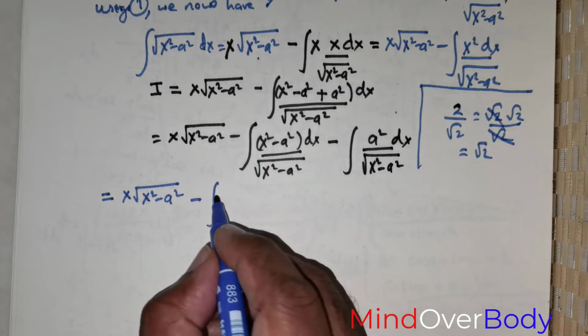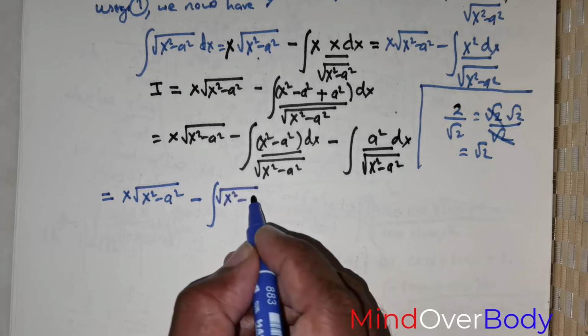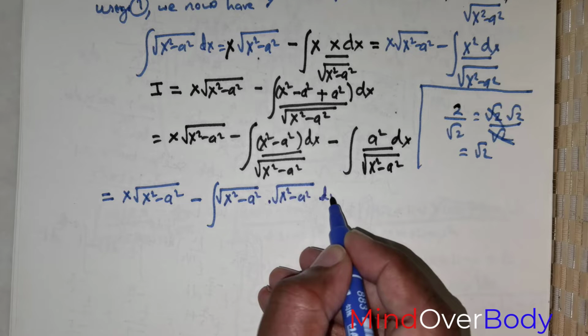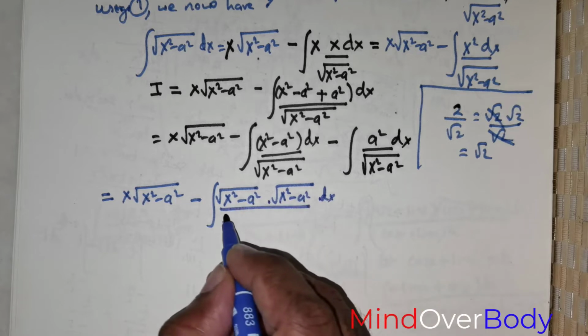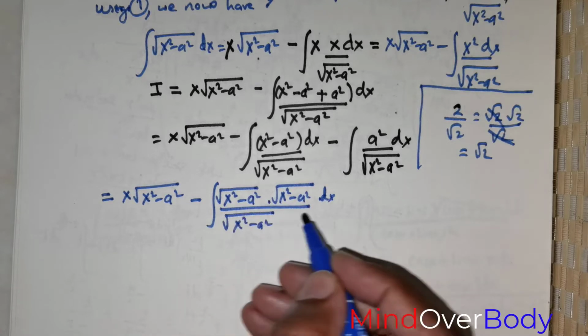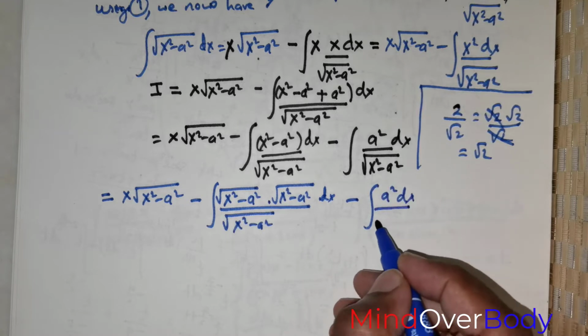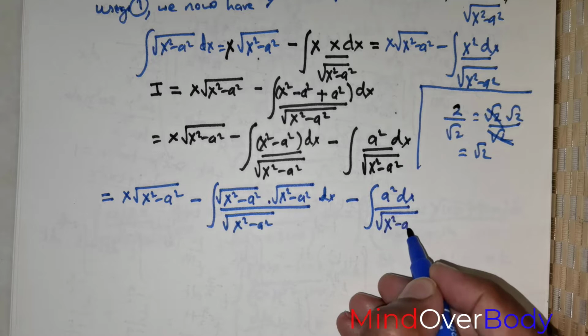If I write this as root of x squared negative a squared times root of x squared negative a squared times dx divided by root of x squared negative a squared, negative integral a squared times dx over root of x squared negative a squared.